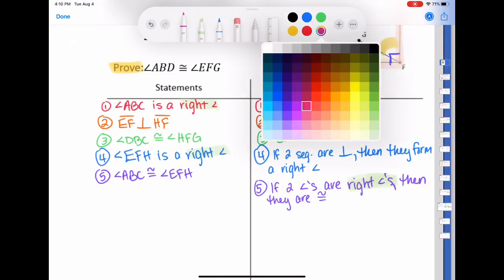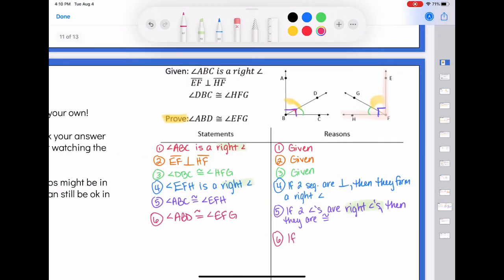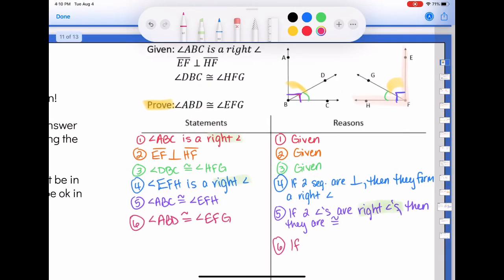So here we go, step 6. Angle ABD is congruent to angle EFG. Now let's see, is it the same angle that's being subtracted from two congruent angles? Ooh, nope, I have 1, 2, 3, 4 total. It's definitely two congruent angles being subtracted from two congruent angles, right?